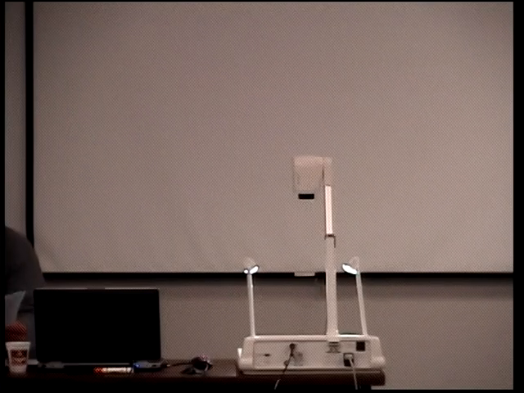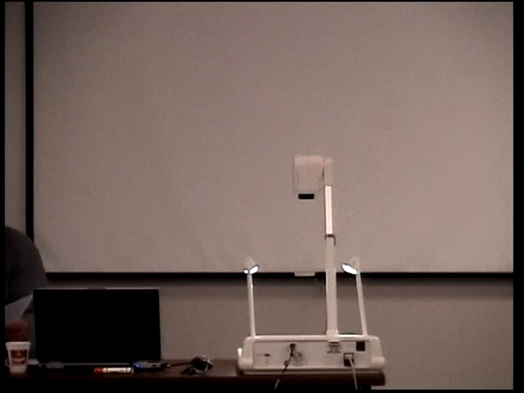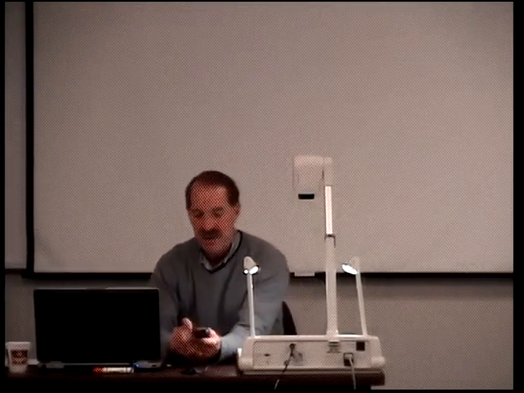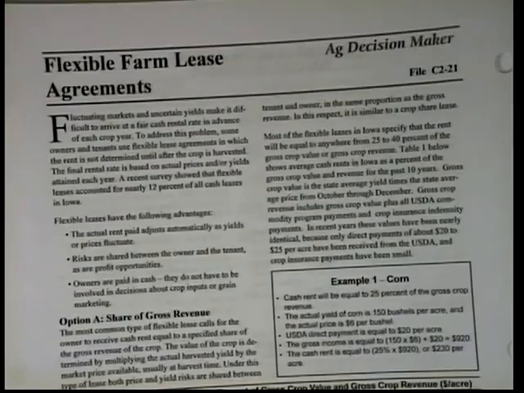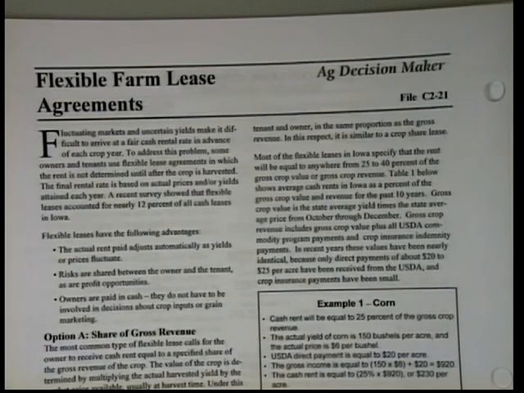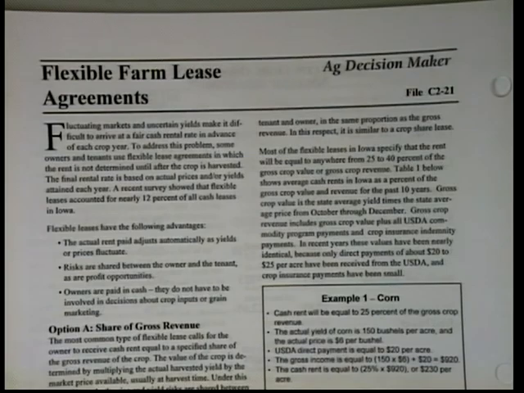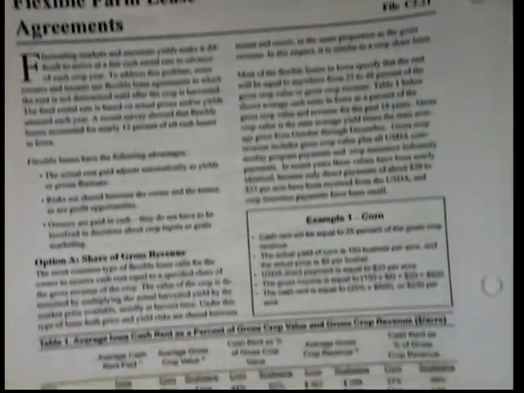You can read that over, but the basics of that is the landowner sets a minimum price for the land rent and a maximum, or what you would call a floor or a ceiling. You need to read this over and think about it. It shares the risk of bushels and price between the landowner and the operator of the ground.